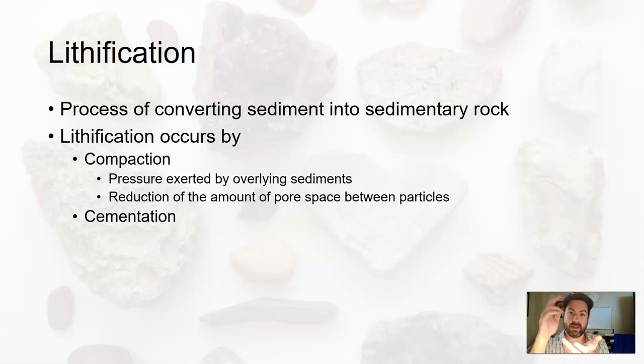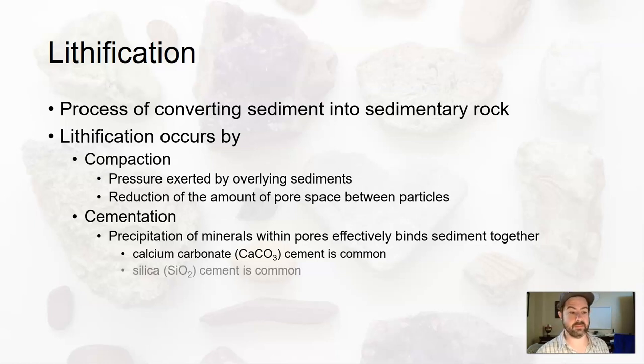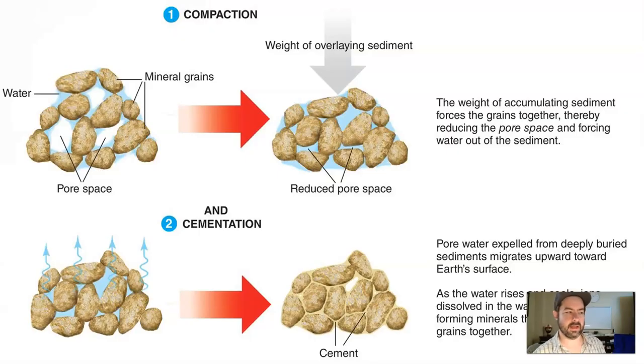So when the water evaporates away, it leaves behind that mineral content as a cement that cements all the grains of sediment together. So now we went from sediment to sedimentary rock. Oftentimes that cement can be calcium carbonate. That's a very common cement. Silica can be a common cement. Iron oxides and hydroxides a little bit less common.